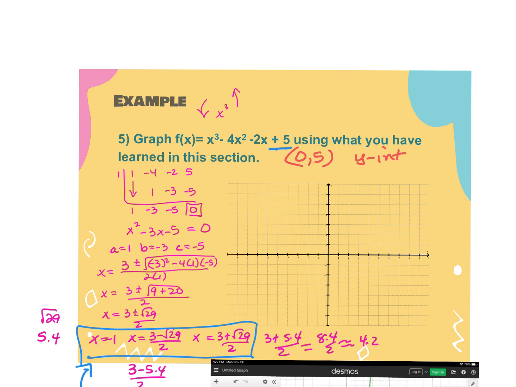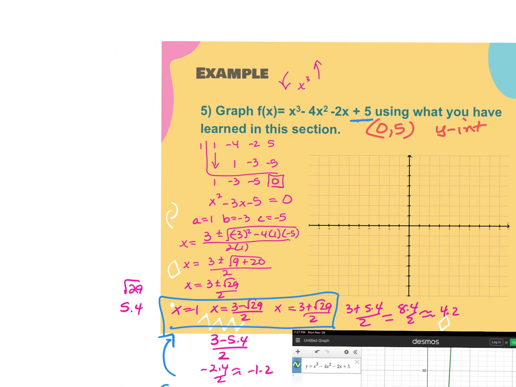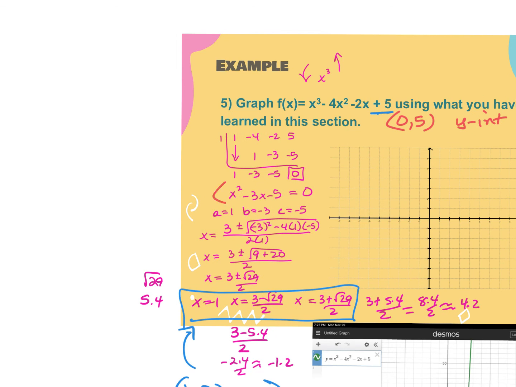Now, remember when we were also listing the factors? At this point right here, when it couldn't be factored, this would have been one of the factors, x squared minus 3x minus 5. And then the other factor was this one, so x minus 1. So these would be the factors if it ever asks you to list the factors.